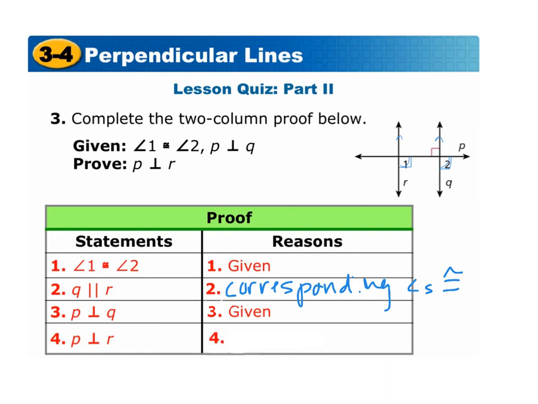So P is perpendicular to Q. And now we know that P is perpendicular to R. So the perpendicular transversal theorem. Perfect. That's 3.4.